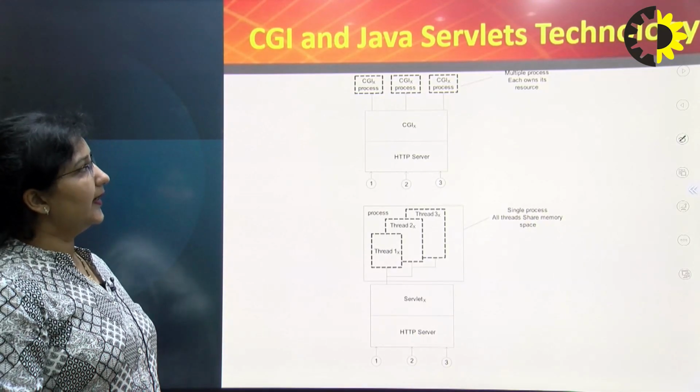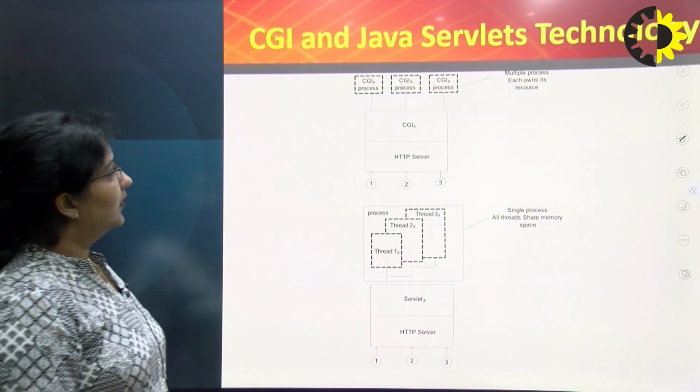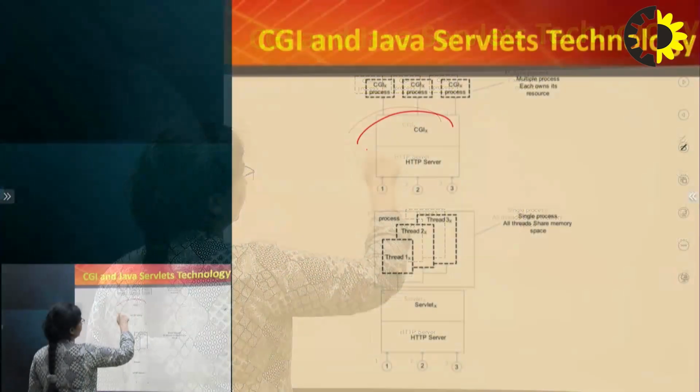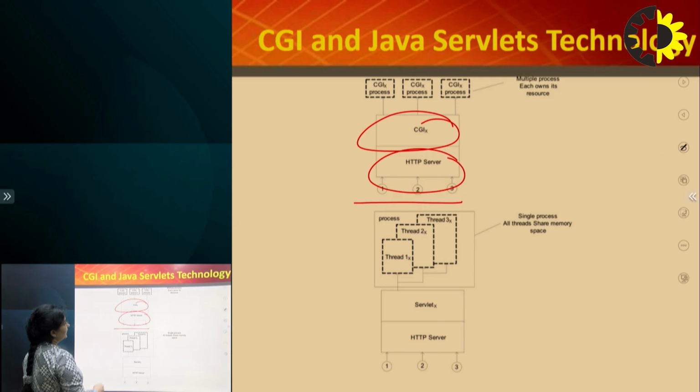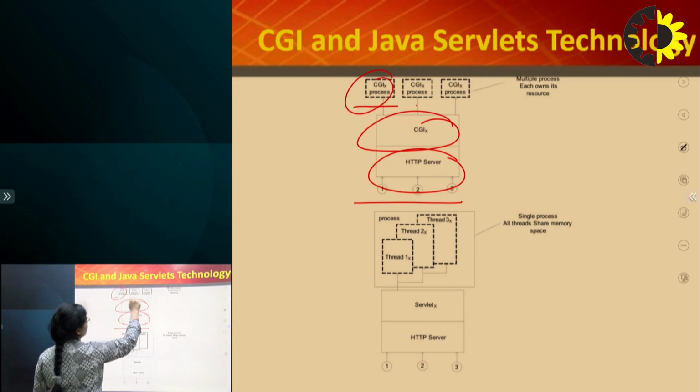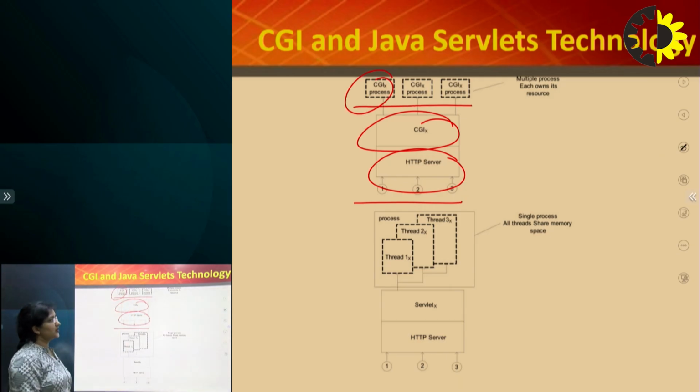Now, CGI and Java Server technology. This is the CGI server, an HTTP server, with various clients connected to it. Here we have multiple CGI processes, and each owns its own resources, so multiple resources are required to handle it.